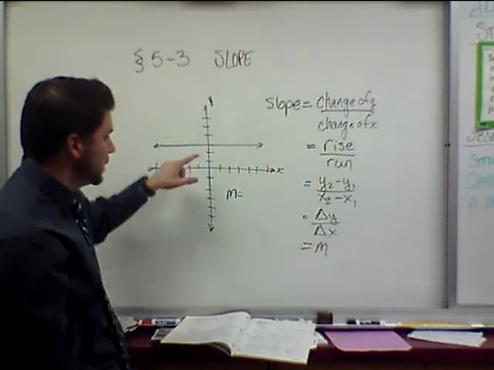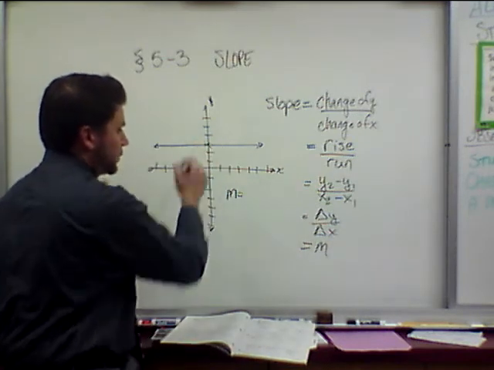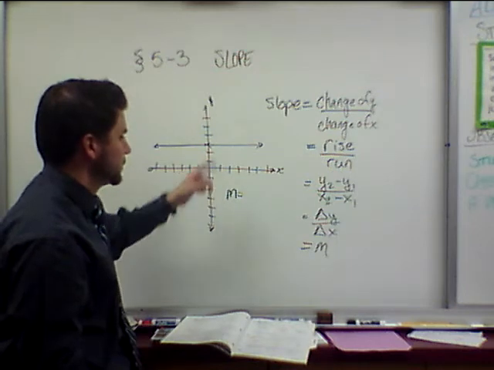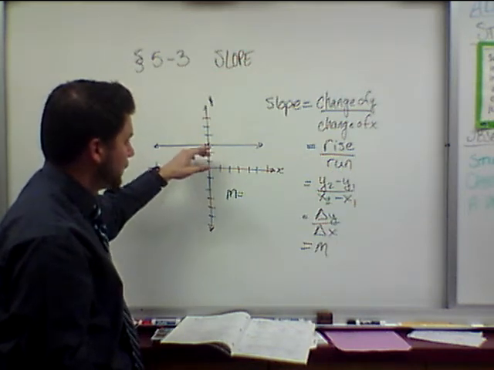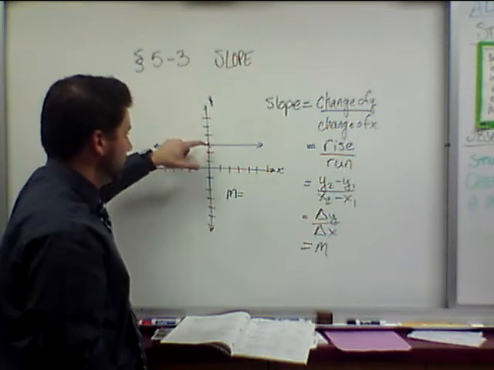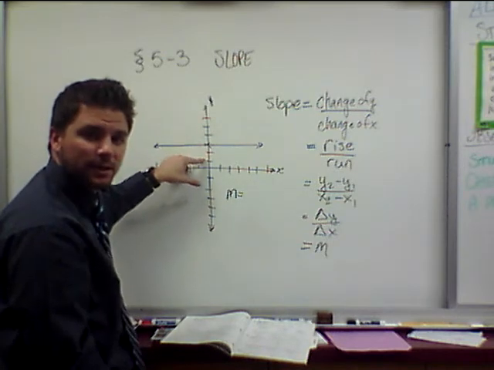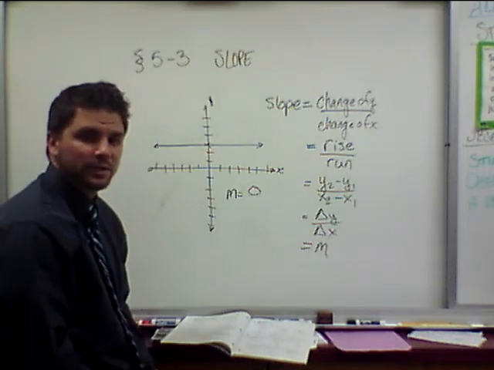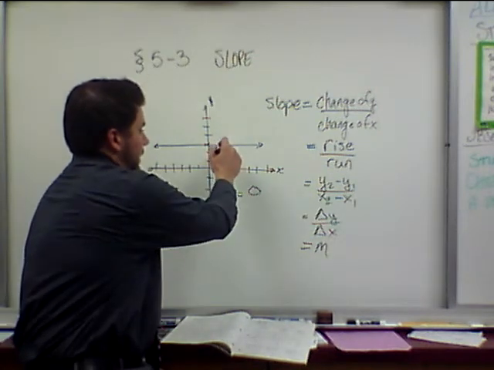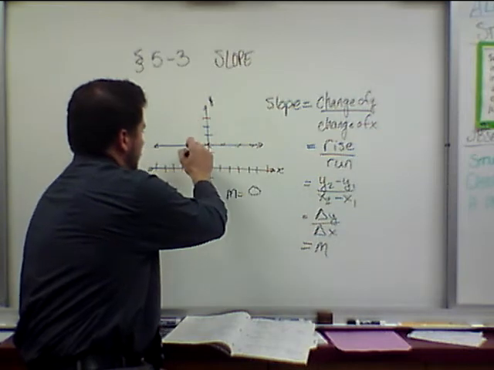M equals. If I start at one of the points that I know, for example 0, 3, how far up do I go to get to my next point? Well, I can't go up and I can't go down to get to any of my next points. So vertically I'm moving 0. Now I can pick any of these points.